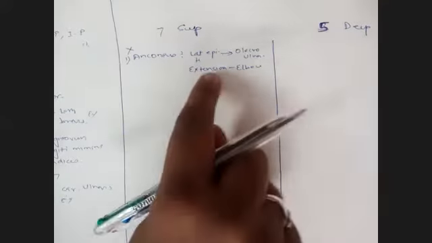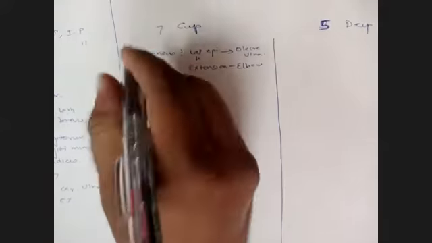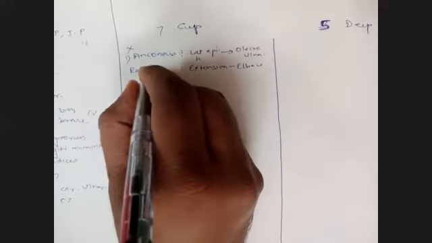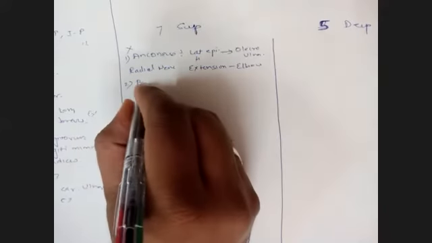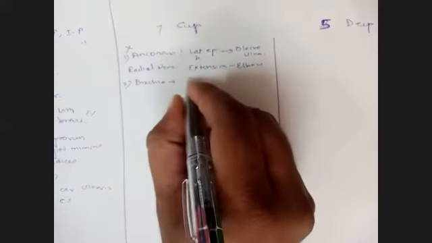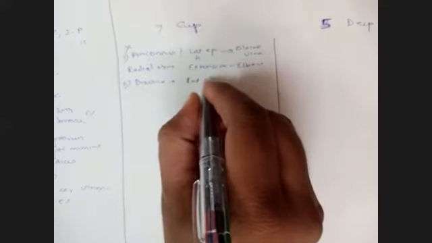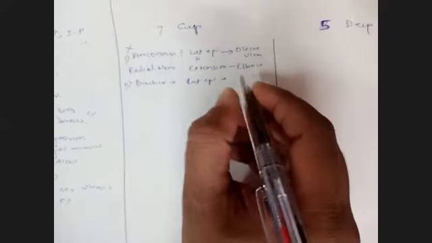Okay, and anconeus and brachioradialis. Anconeus will cause extension of elbow, and it will be supplied by radial nerve. Now that makes it different again. Okay, the nerve supplying the medial head of triceps also supplies it, the radial nerve. So it's supplied by radial nerve, and so is brachioradialis. Brachioradialis is also from the lateral epicondyle and the ridge above the lateral epicondyle.